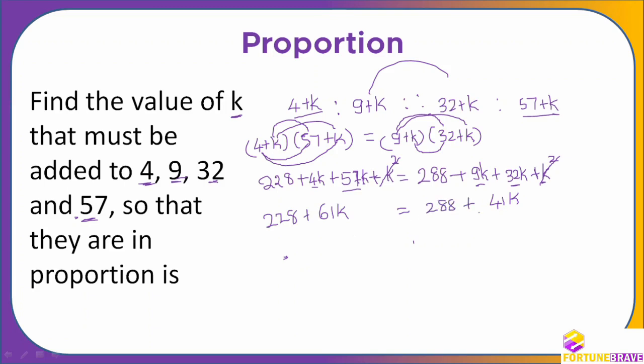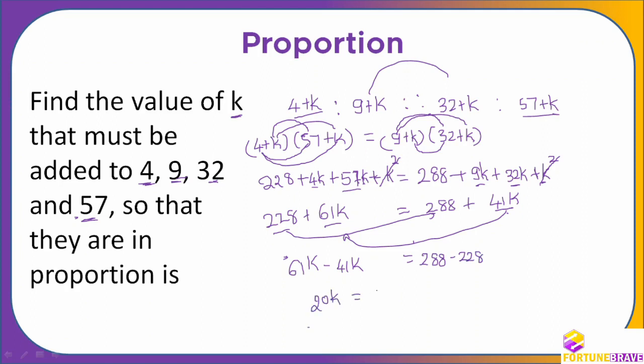So you have to take this one this side and 228 this side. So 61k minus 41k, and same way I bring this one this side, so it will be 288 minus 228.